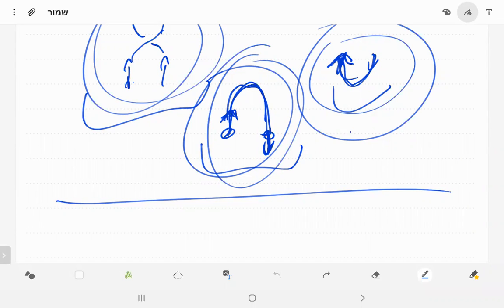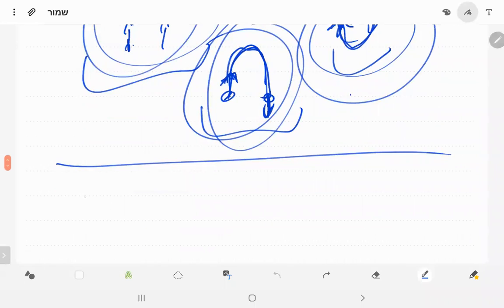And now I will try to give the topological definition. For this, I want to define the notion of tangle. So in general, what is a tangle? It's something rather simple.